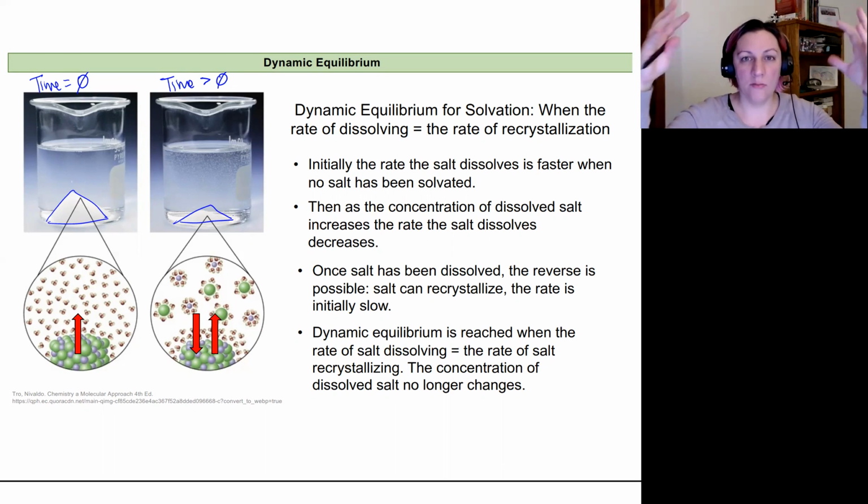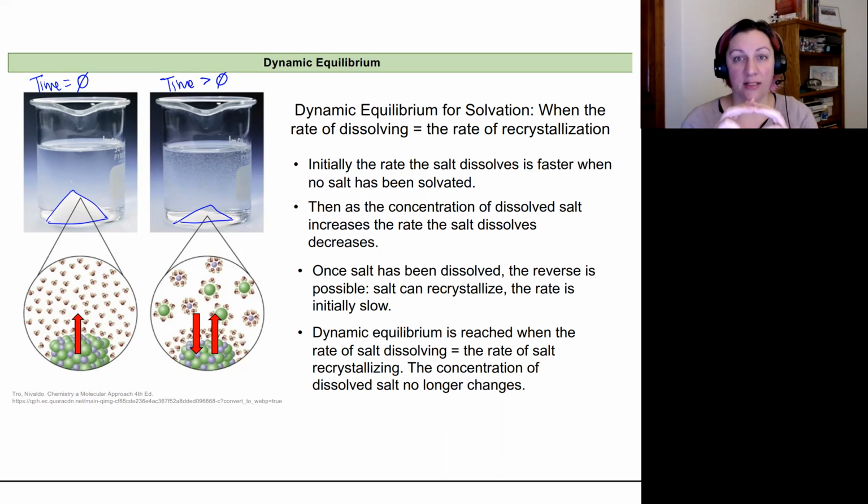As their concentration increases, the ions present in solution can start to recrystallize onto the solid. It's slow at first, and as the concentration of ions increases in the solution, that rate of recrystallization increases. Now, that rate of dissolving, which is really high initially, is going to start decreasing as our rate of recrystallization, which is initially 0, starts increasing.